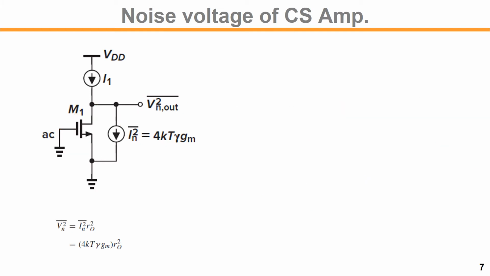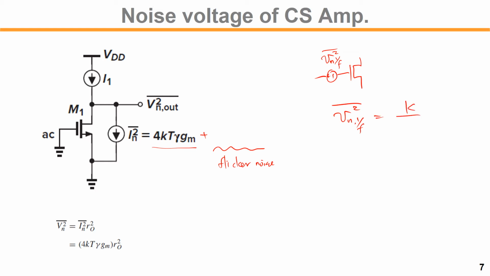So far we have just assumed that thermal noise is present. What about the flicker noise? In the previous example, our flicker noise model was at the gate, the 1 over F flicker noise. So Vn 1 over F squared is K over COX times W times L times 1 over F, like that.